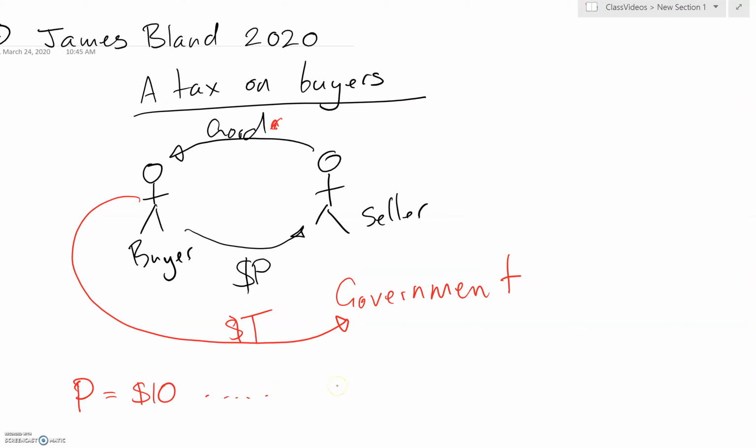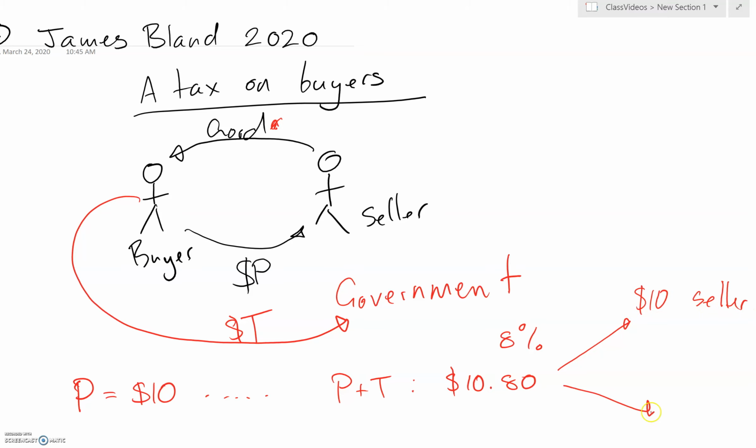You're actually going to pay P plus some tax, which might be something in the order of, say, $10.80. That's assuming that we have 8% tax. And of that money, $10 goes to the seller, and 80 cents goes to the government.